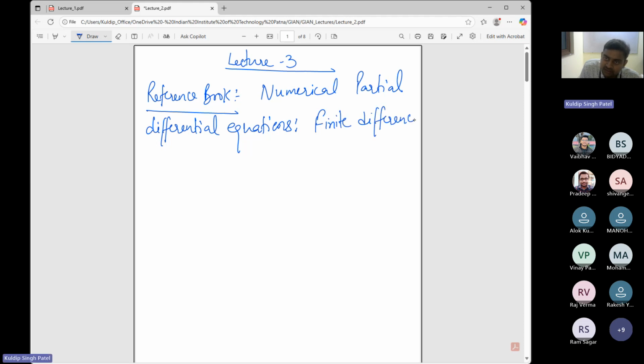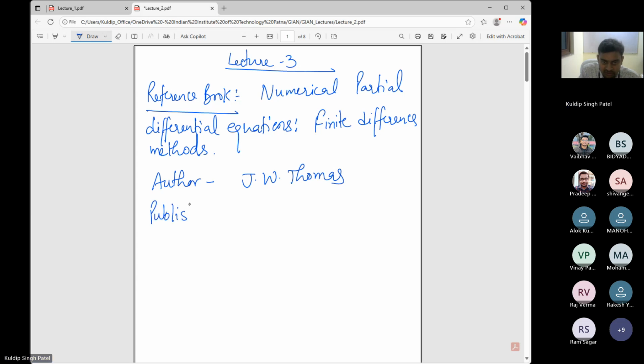This is a very good book on the finite difference method, whether you want to read it for a course, for your project, or for research. It is good for all purposes. The author is J.W. Thomas and the publisher is Springer.